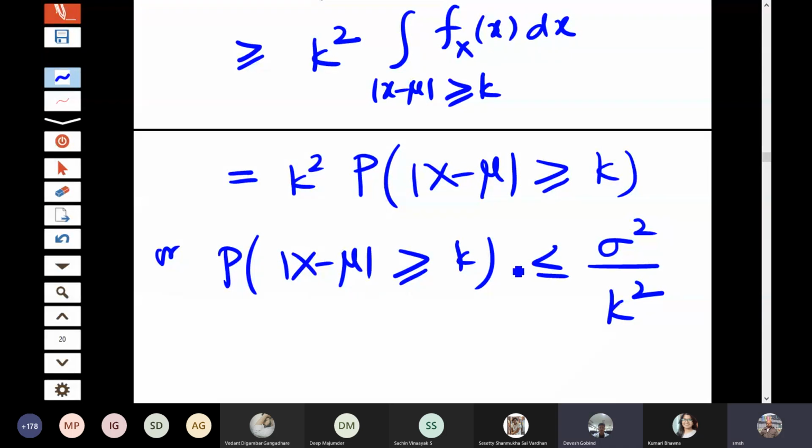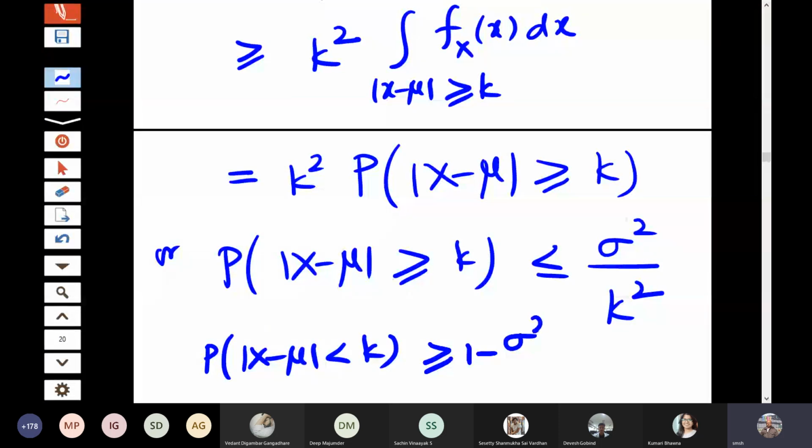Yes, sir. So you can now write down various other statements from here. For example, if I take 1 minus on both sides, then this will become probability of mod x minus mu less than k is greater than or equal to 1 minus sigma square by k square. Another form is written like this.